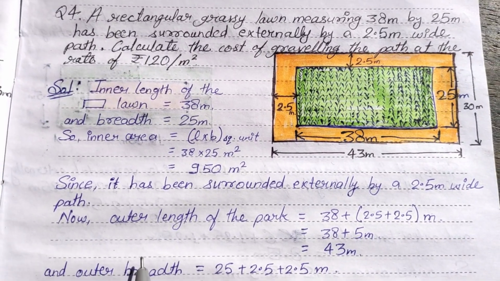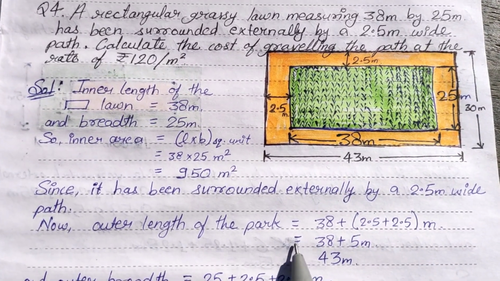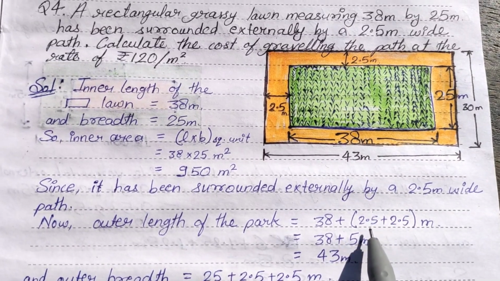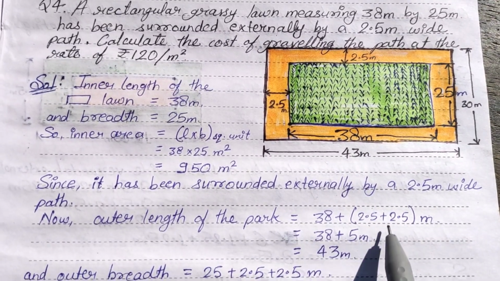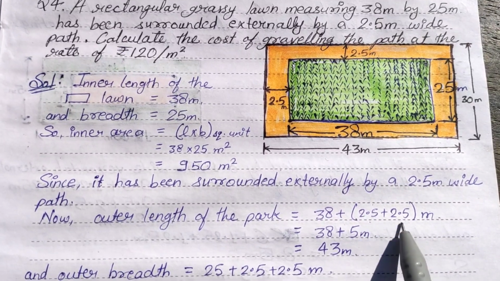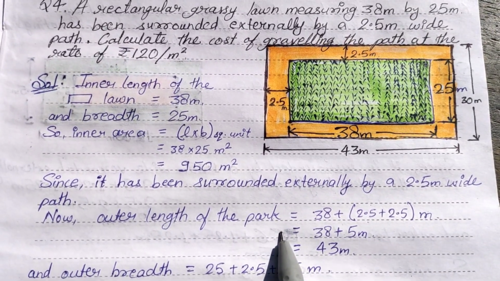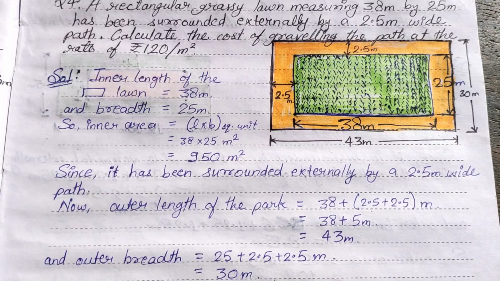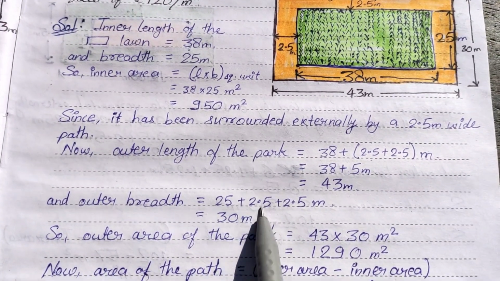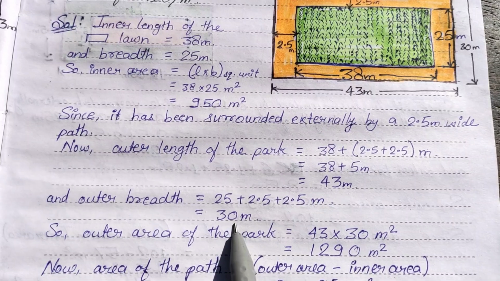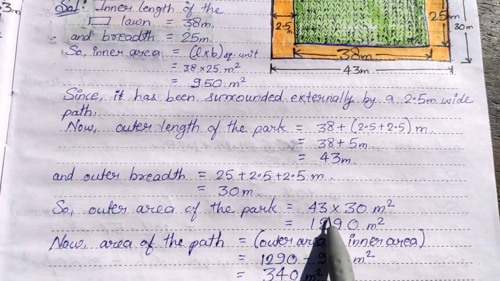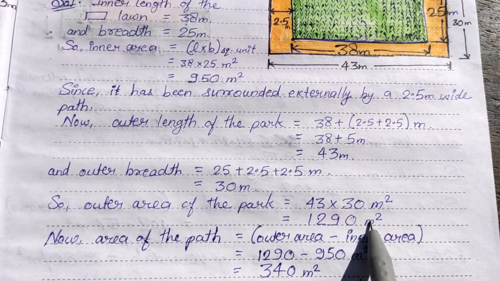So outer length is 38 plus 2.5 meter on the left side and 2.5 meter on the right side. So add both the distances to the length, we have 43 meter, and same goes for breadth also, 25 plus 2.5 plus 2.5 meter, we have 30 meter. So outer area of the park, length into breadth, we have 1290 meter square.